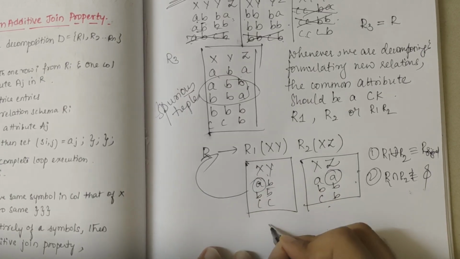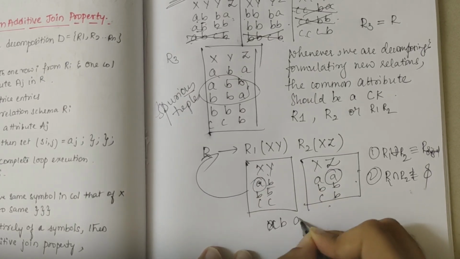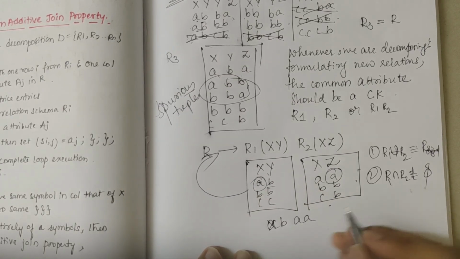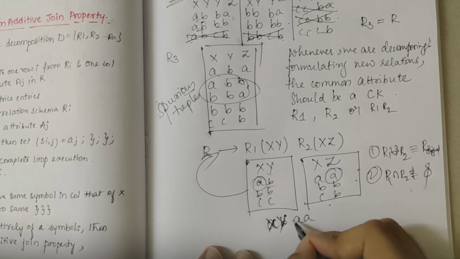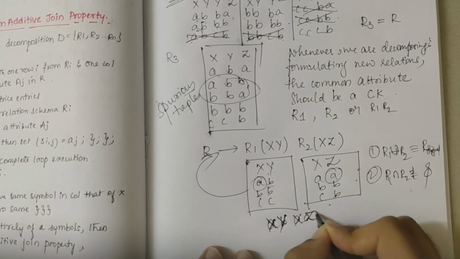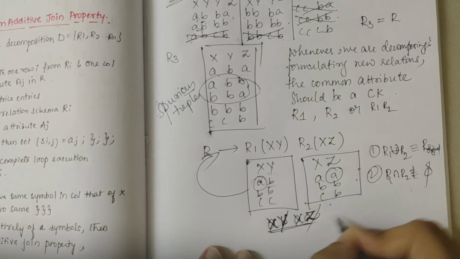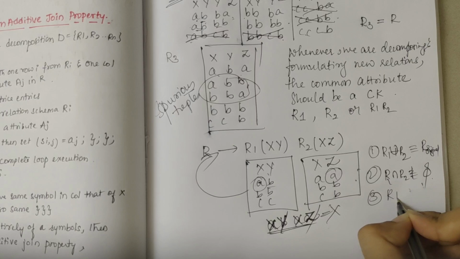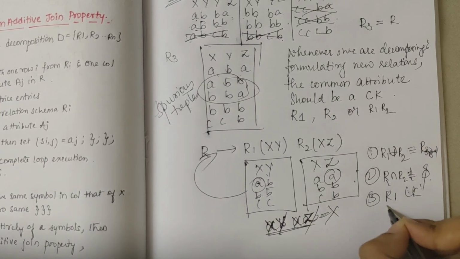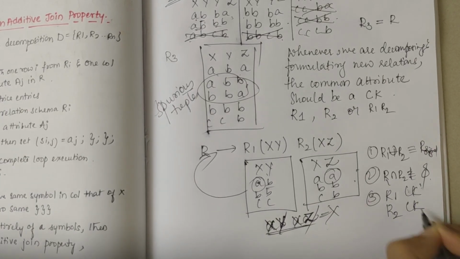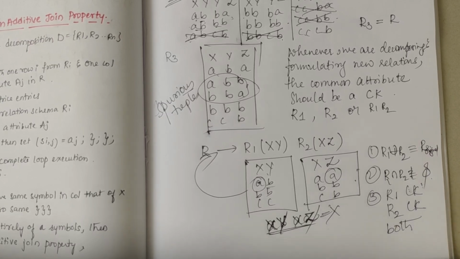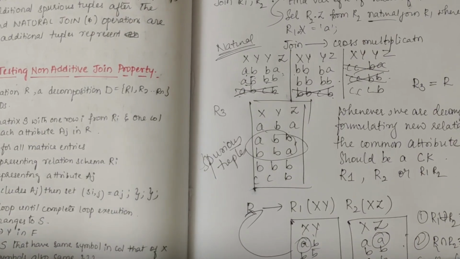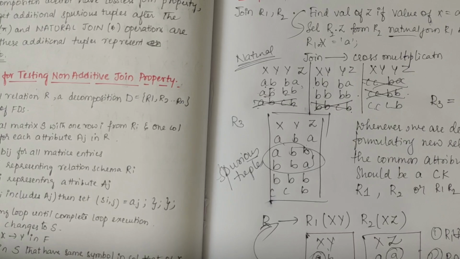So if I intersect XY and XZ, Y and Z will go, X would be remaining. So this is not null. Next, R1 should be a candidate key or R2 should be a candidate key, or both could be candidate keys. So this was about the non-additive or lossless join property.